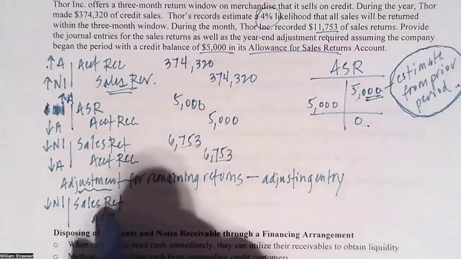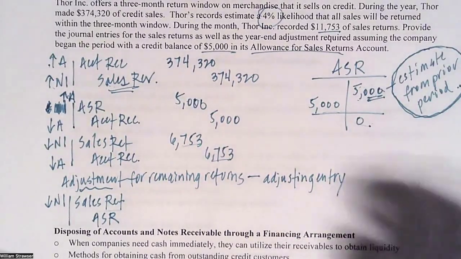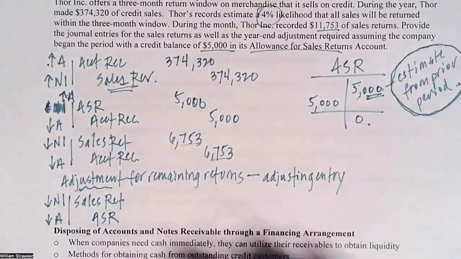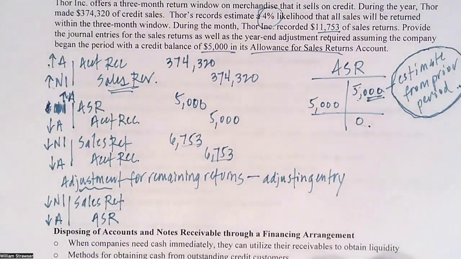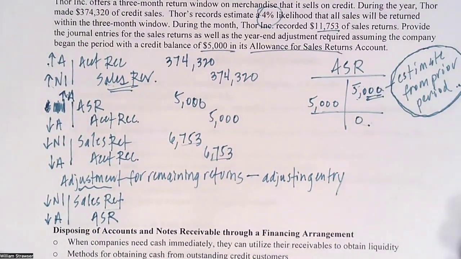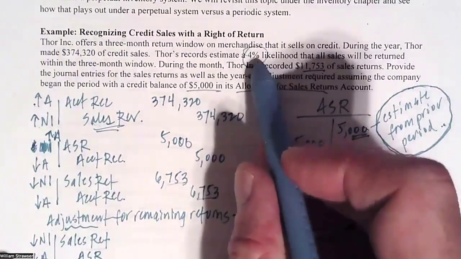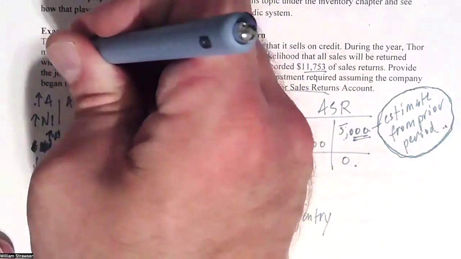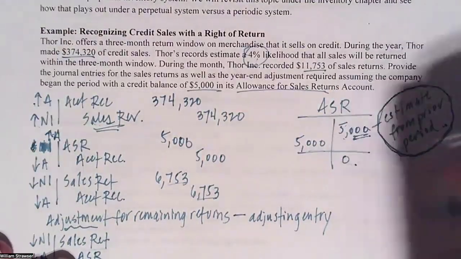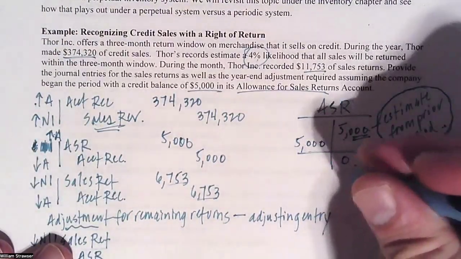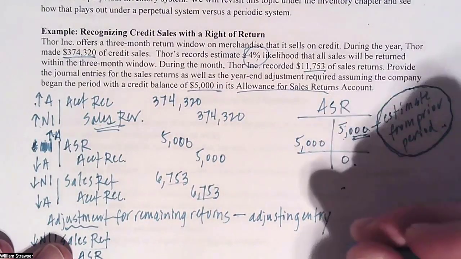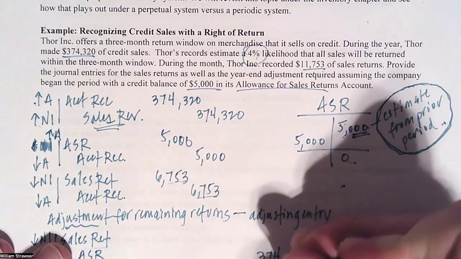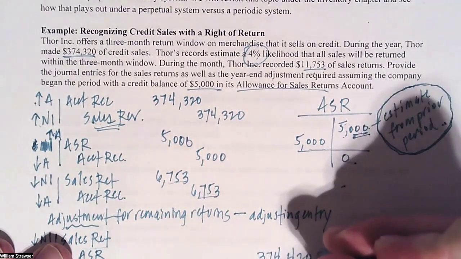So sales revenue is a contra revenue. It reduces net income. ASR is a contra asset. Crediting it reduces assets. The amount that we have to do it by is based on the percentage likelihood applied to the amount of credit sales we made this period. So this period's credit sales were $374,420.